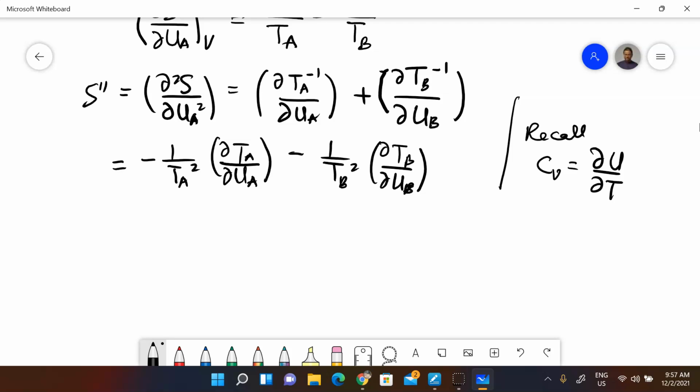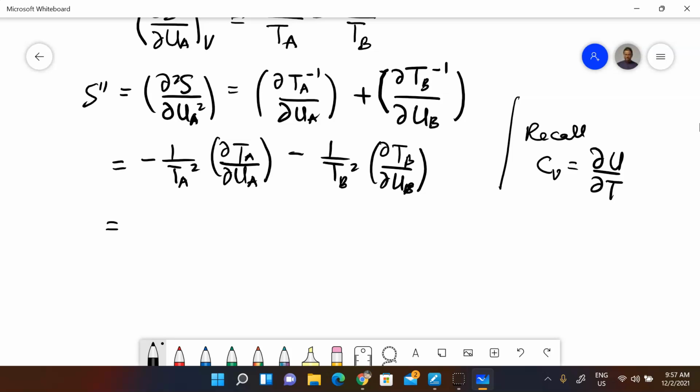Okay, so I'm going to substitute this into here, and this will give you, remember, this is going to be evaluated at the equilibrium state.